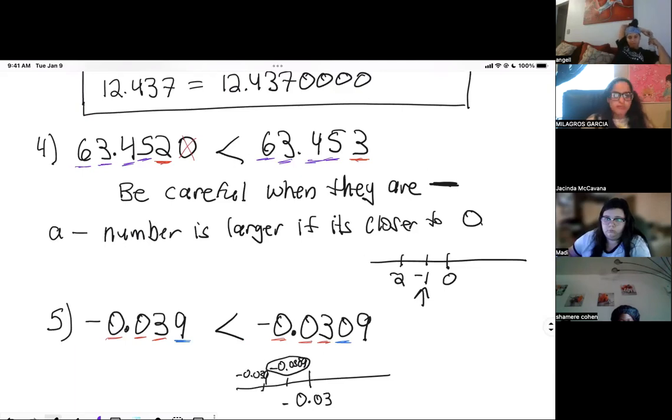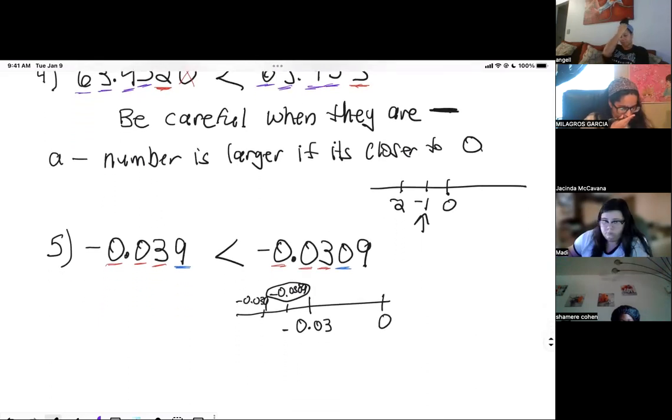This is closer to 0. So it's almost backwards. It's almost like which one's a smaller number? That's your bigger one when it's negative. That makes sense? So if it's negative, you think backwards. When you compare them, the smaller number is closer to 0 than the bigger number. I even had to stop and think about that for a minute because it's backwards.